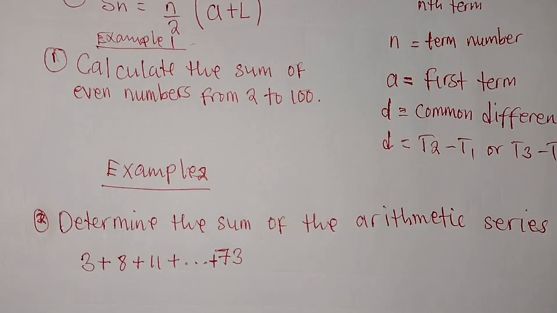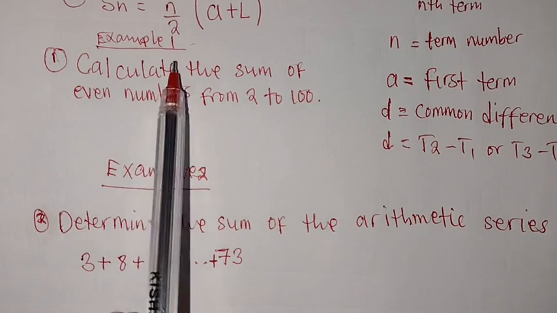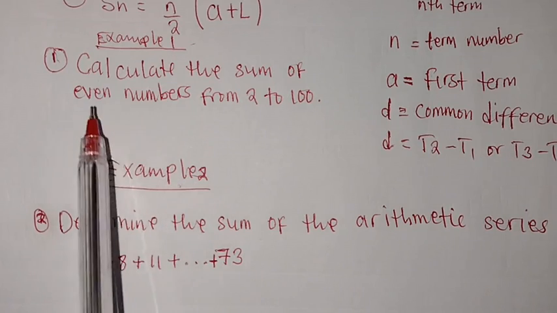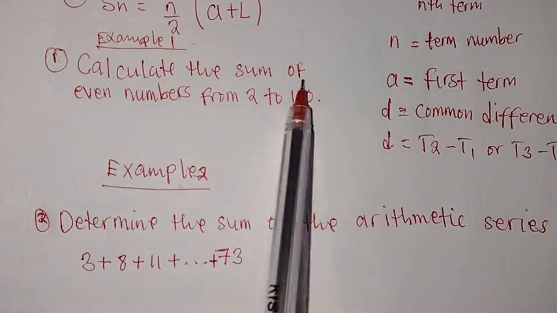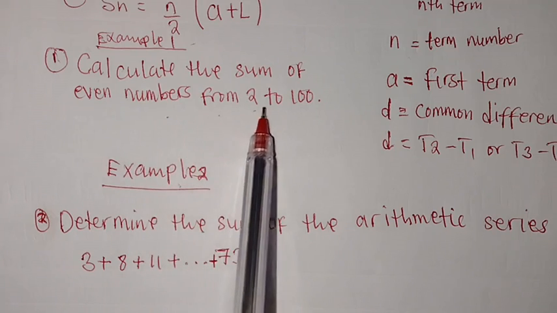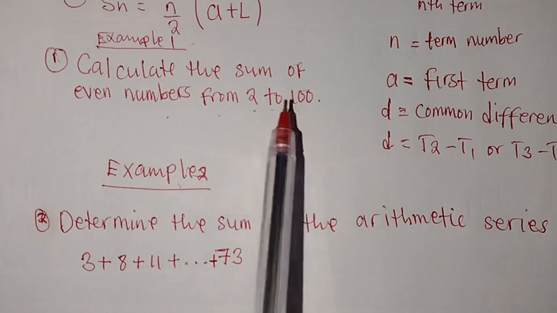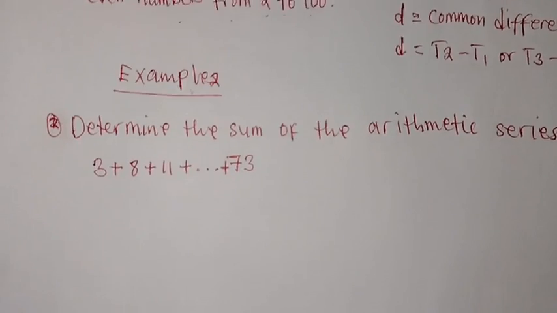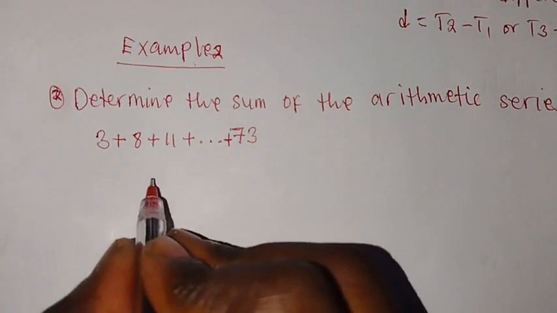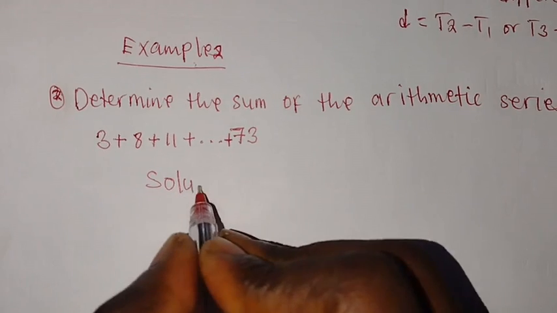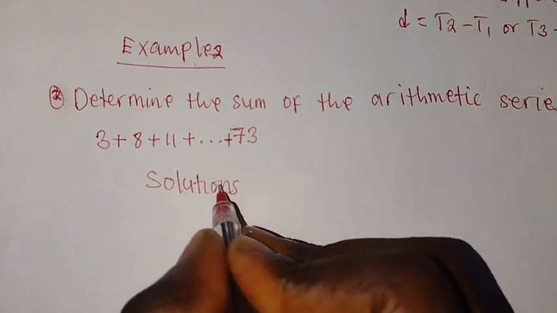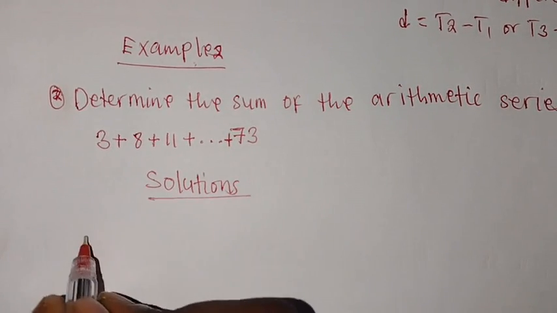Let us look at these two examples, example 1 and example 2. Example 1 reads: calculate the sum of even numbers from 2 to 100. Let us answer example 1 first.